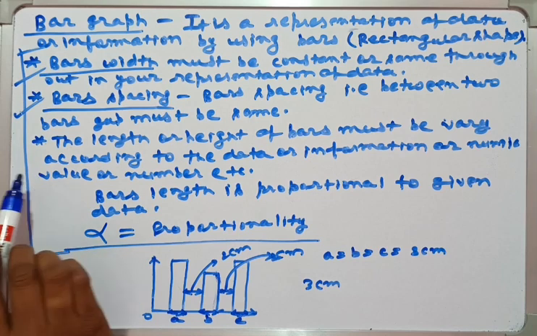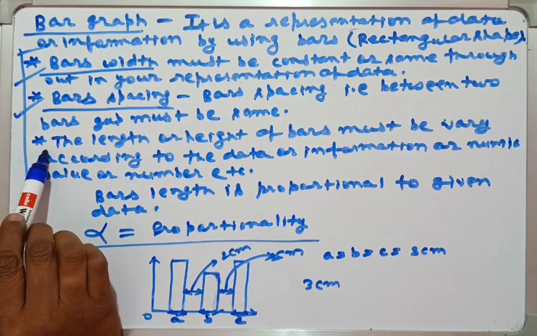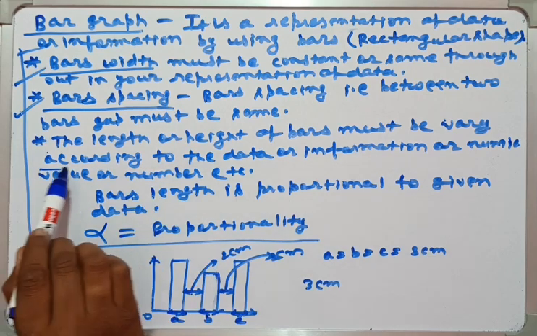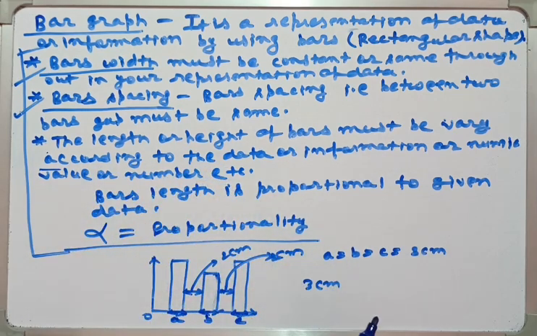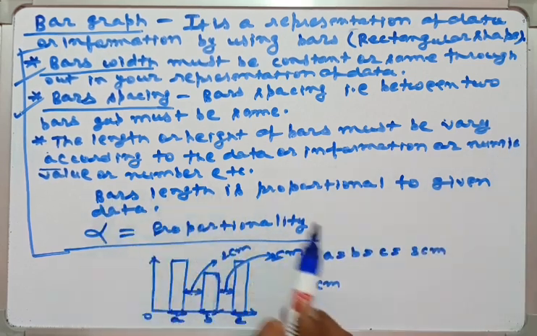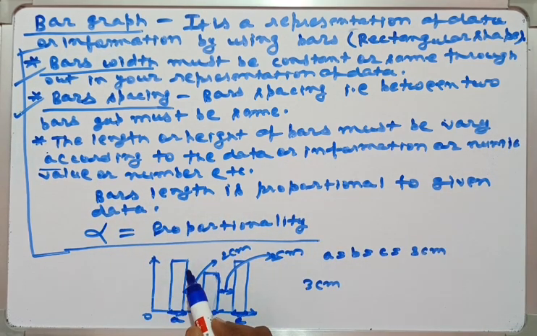Now the other thing is that the length or height of bars must vary according to the data, information or numeric value or number, etc. So see, I have used different lengths, or you can say heights, which vary according to data. This will all be clear to you when I draw a bar graph.